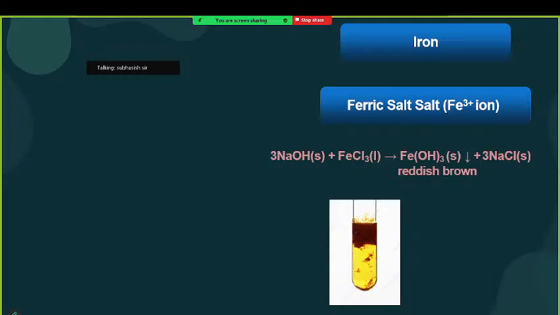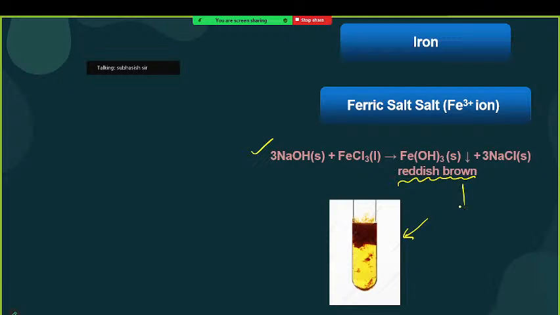Now move on to the next one, the ferric salt. When sodium hydroxide is added to a ferric salt, you get a reddish brown precipitate. Here in the test tube you see that ferric hydroxide is reddish brown, and that precipitate forms quickly with sodium hydroxide.